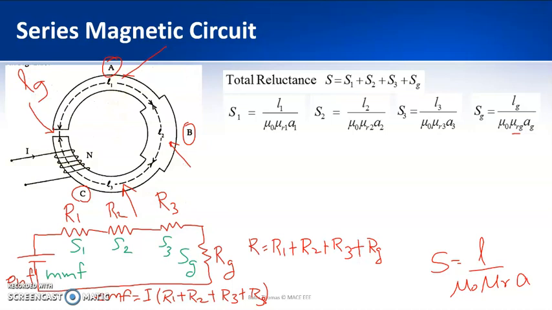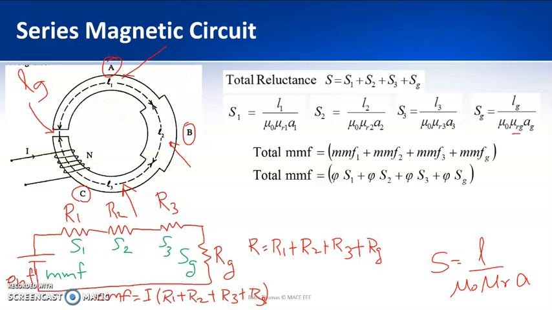So the total EMF will be equivalent to the voltage drop across each of the resistances. Here also we can write the total MMF will be equal to MMF of 1 plus MMF of 2 plus MMF of 3 plus MMF of the air gap. So it is equivalent to flux into reluctance S1, plus flux into reluctance S2, flux into reluctance S3, and flux into reluctance Sg.